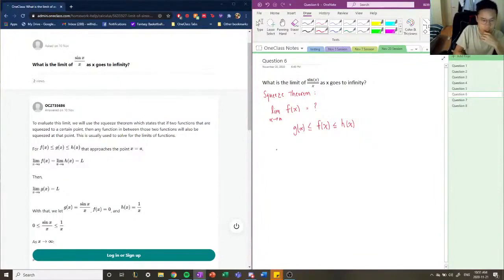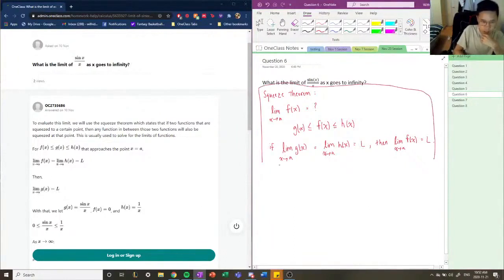So if the limit of g of x as x approaches a and the limit of h of x as x approaches a both equal the same limit L, then the limit of f of x as x approaches a also equals L. This is the squeeze theorem, and it's a very useful theorem.